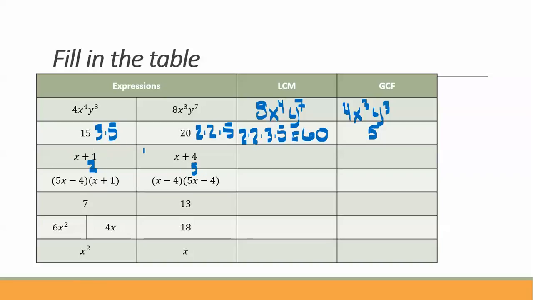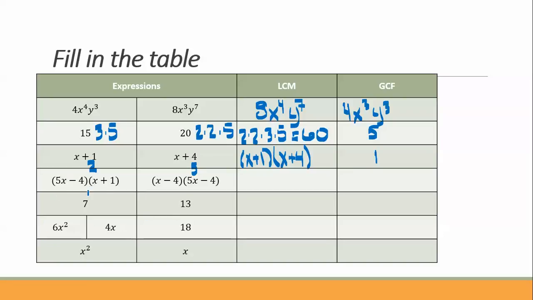So if we have x plus 1 and x plus 4, we have to multiply x plus 1 times x plus 4. The greatest common factor of 2 and 5, there is no number that multiplies to 2 and 5 other than 1. So the greatest common factor of x plus 1 and x plus 4 is 1.